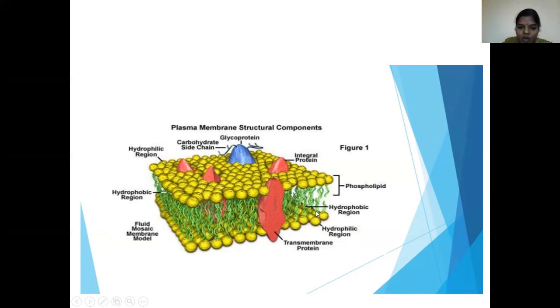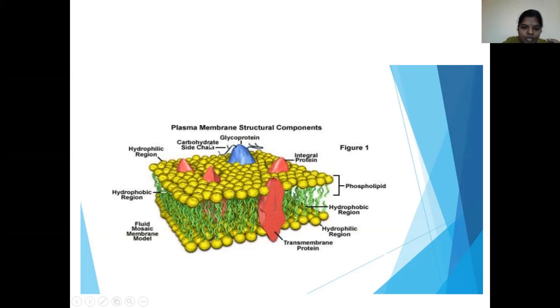These yellow hydrophilic regions easily solubilize most of the drugs, because they are water loving, right? They are easily soluble. So this hydrophilic head part and hydrophobic tail part make up the phospholipid, right? This pink color is integral proteins. This is the glycoprotein and this is the carbohydrate chain.